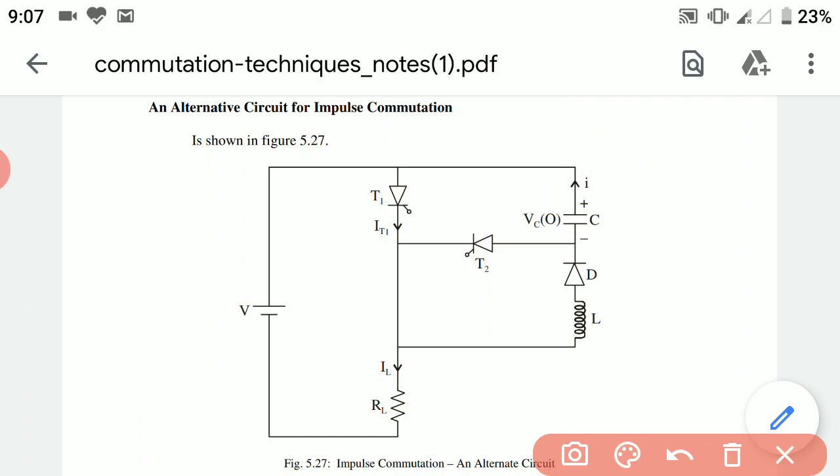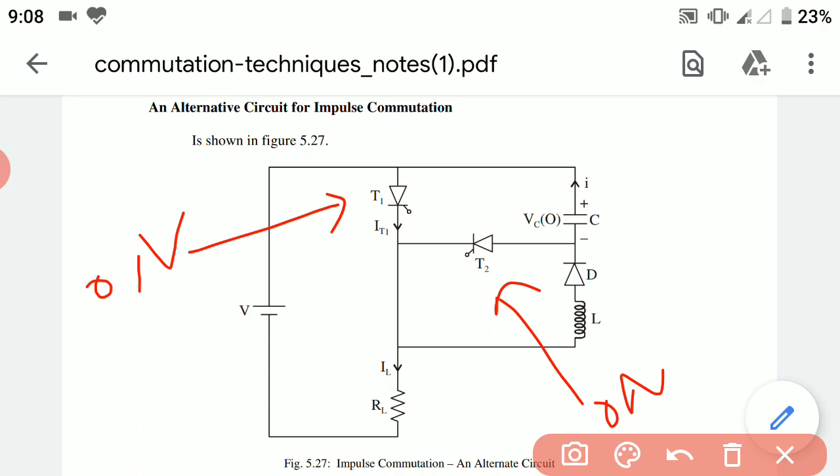The only difference between class C and class D commutation technique is that in class C commutation either thyristor T1 is on at a particular time or thyristor T2 is on.